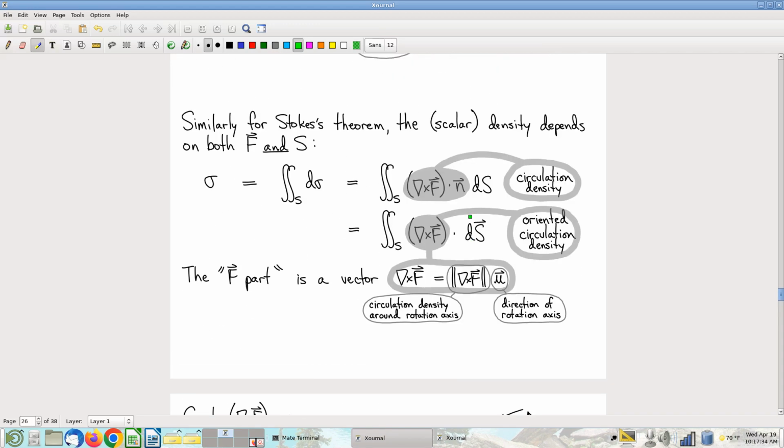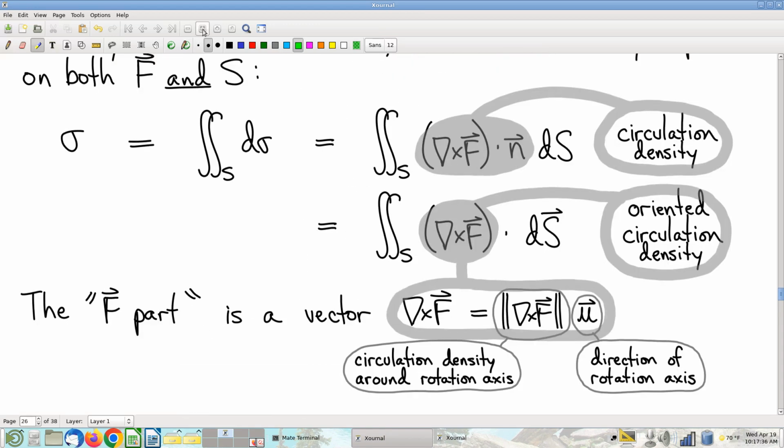Same point of view here, looking at Stokes' theorem. Again, we have this seemingly unexpected, at first glance, appearance of an orientation vector. And I'm going to group that together with ds scalar to make the vector differential ds vector, again, as it should be. That's what is describing the little piece of the surface.